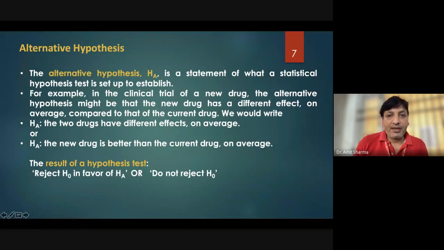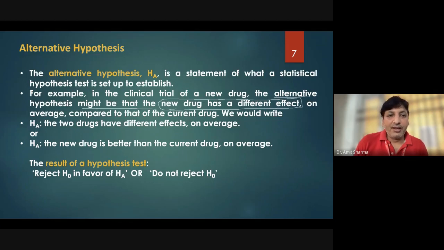For example, in a clinical trial of a new drug, the alternative hypothesis might be that a new drug has a different effect. That means the drug which is launched for the first time has a different effect as compared to the drug which is already there in the market.